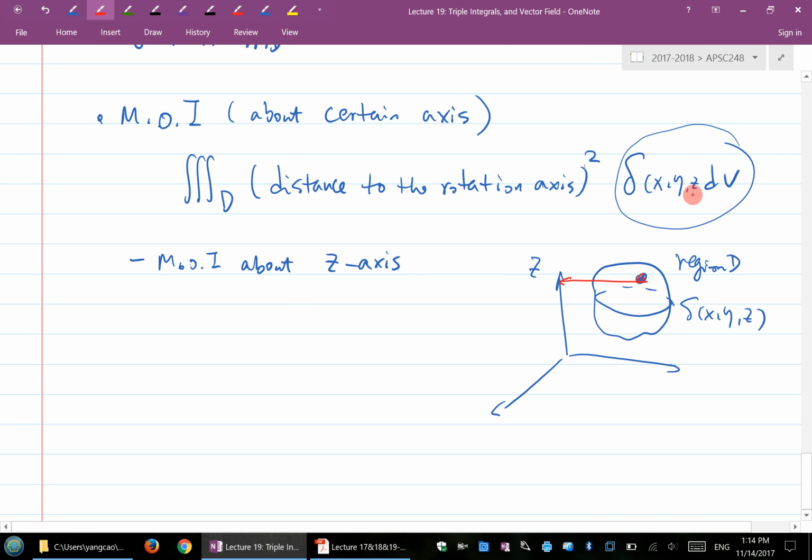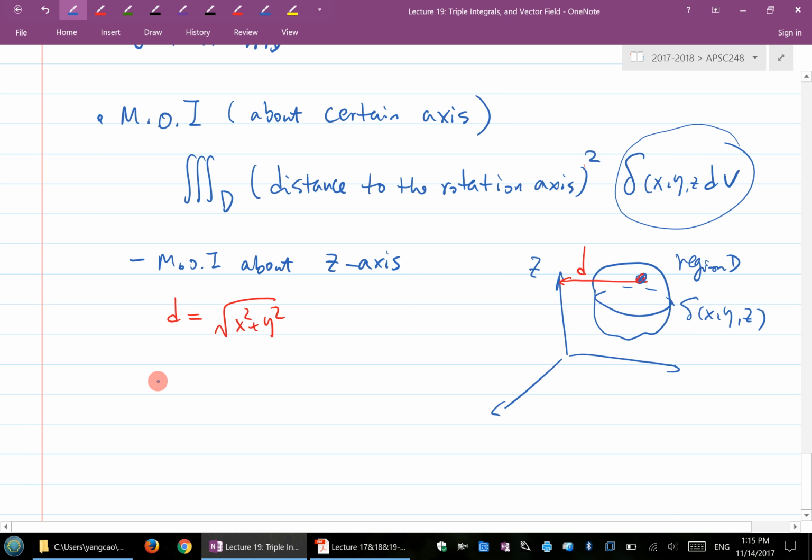For any point in 3D space, the distance to the z-axis is equal to the square root of x squared plus y squared.